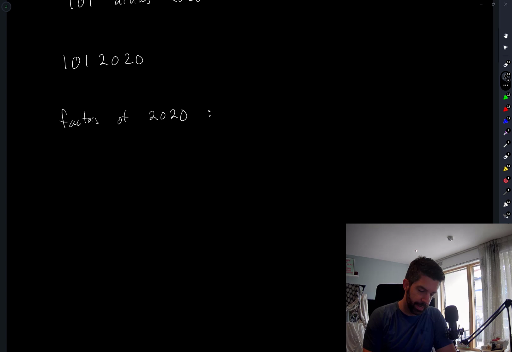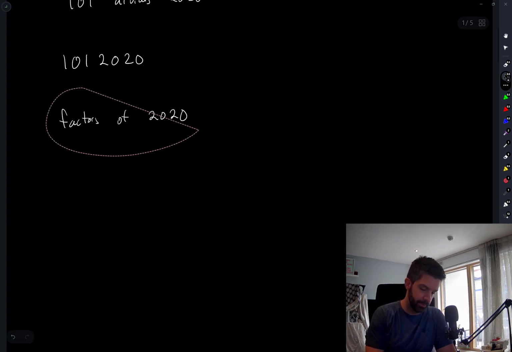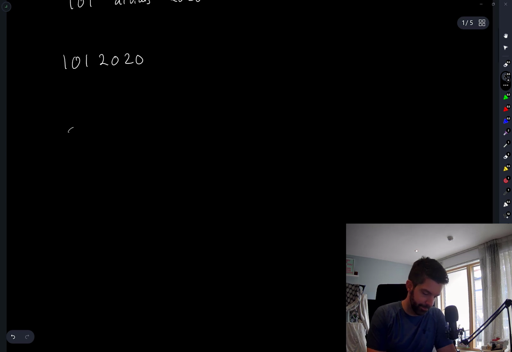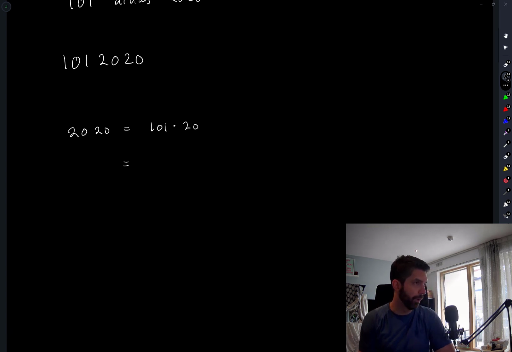This shouldn't be too hard actually. Maybe we first write the prime factorization of 2020. Well, it's 101 times 20, and 101 is prime, right? I think.